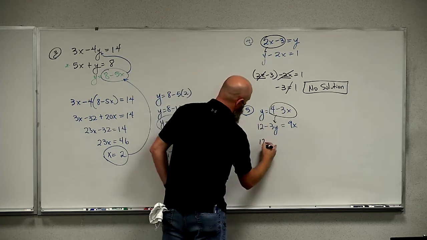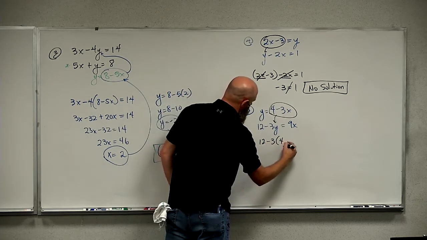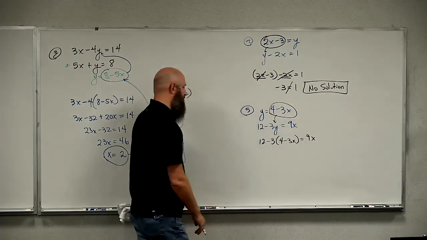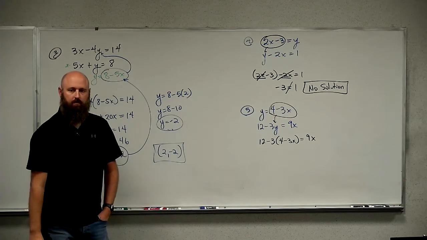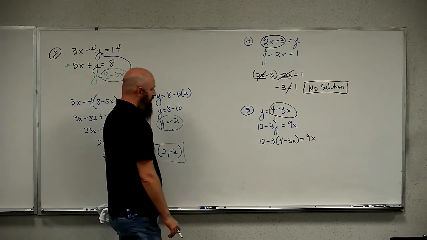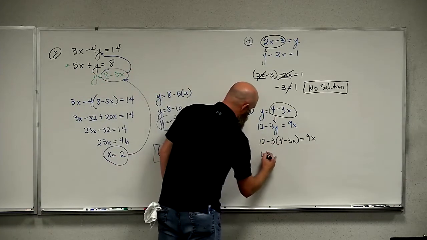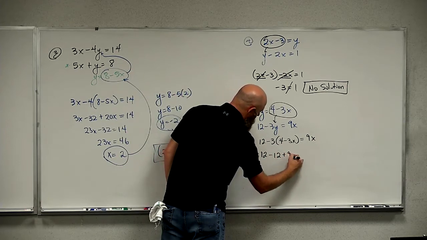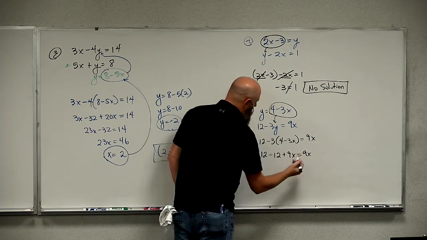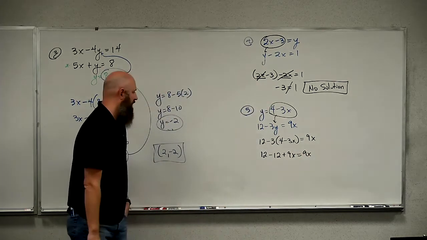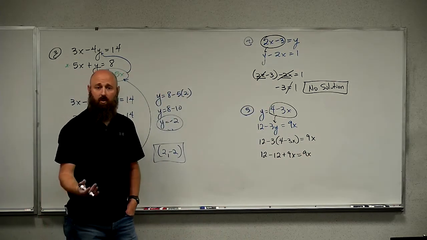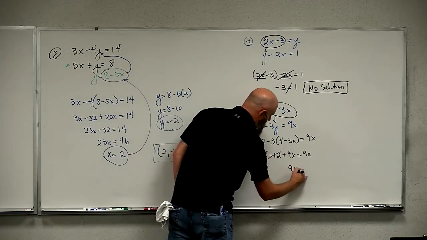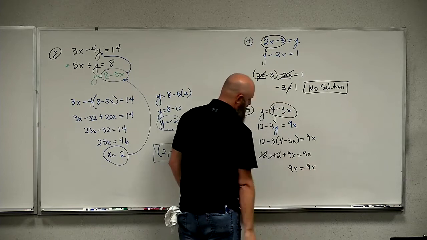So that gives me 12 minus 3 times 4 minus 3x equals 9x. All right, so we distribute there. We get 12 minus 12 plus 9x equals 9x. Well, 12 minus 12 is 0. They kill each other.